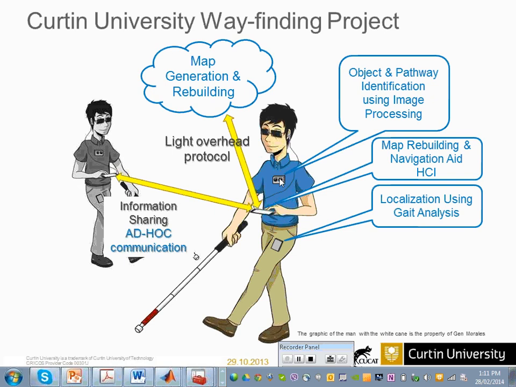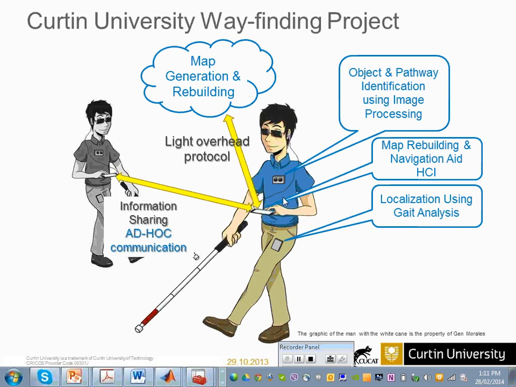And we will be using a smartphone as the human-computer interface with audible feedback, voice instructions, as well as haptic feedback, and an IMU device or a processing device for the purpose of gait analysis.